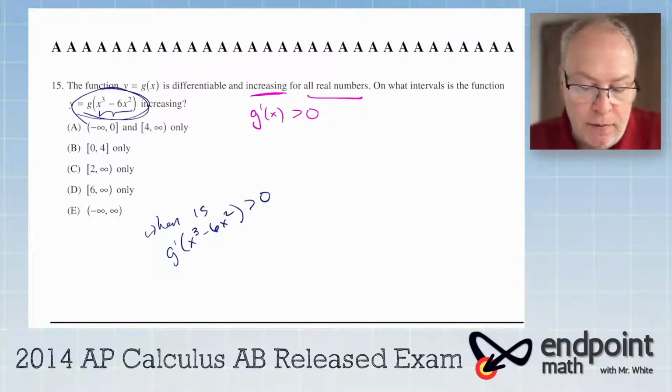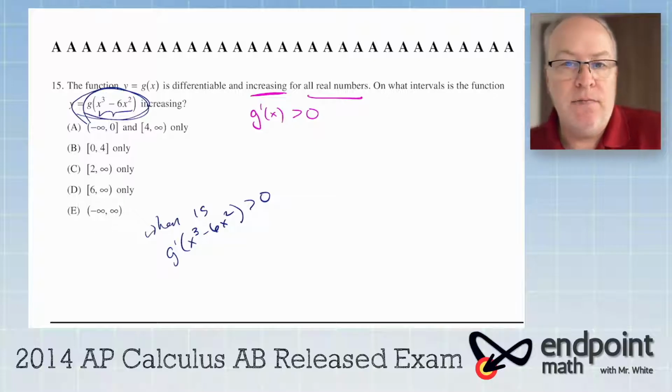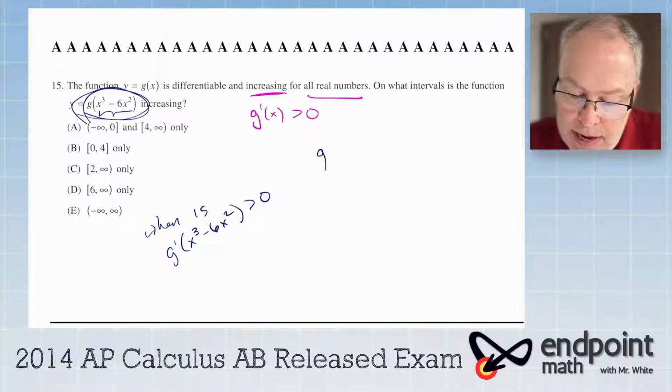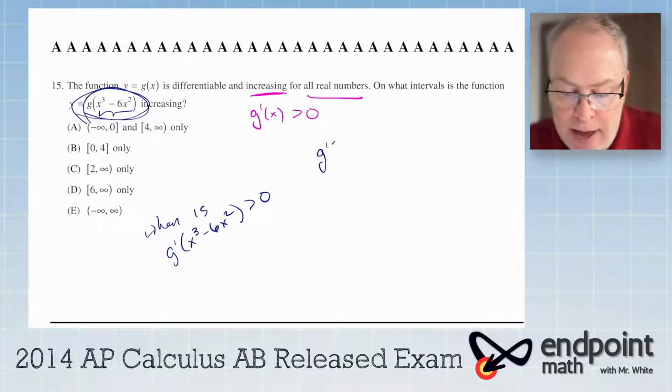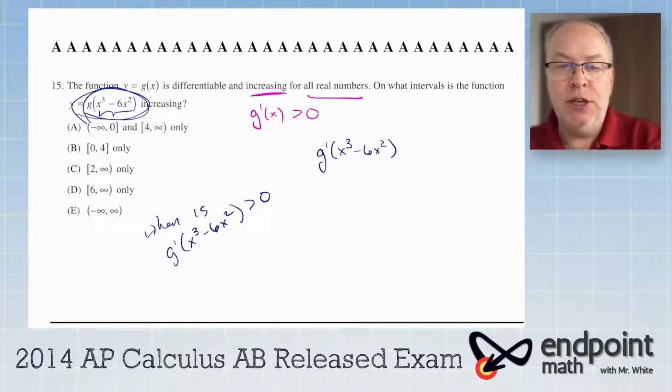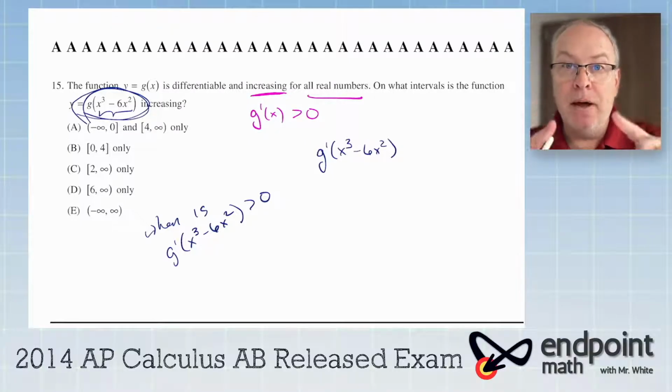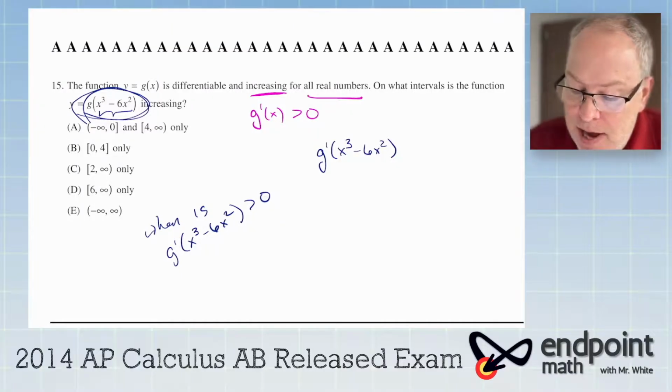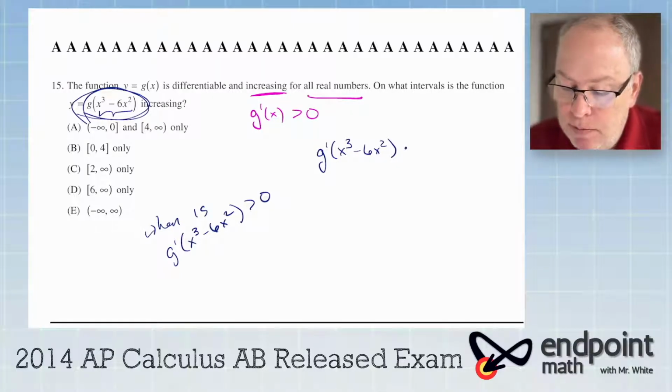What is the derivative of this when you have a composite function? Don't you always take the derivative of whatever you have? This is what we have. It doesn't matter that we don't know what g is. Okay, we take the derivative of it, but we have a chain. We have an inside function. So we multiply by the derivative of what's inside.